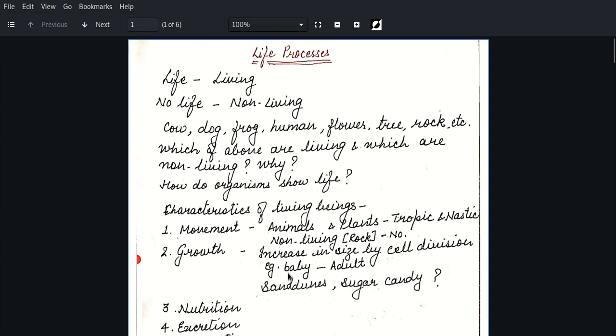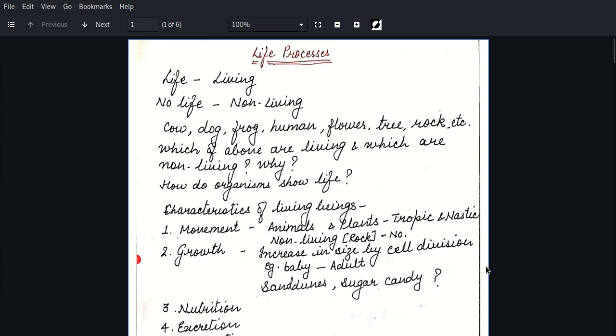When we observe a small plant, it grows from seedling to the whole developed plant. Human beings change in size from baby to adult. This is growth. Without addition of any substance externally, it is the growth by cell division.